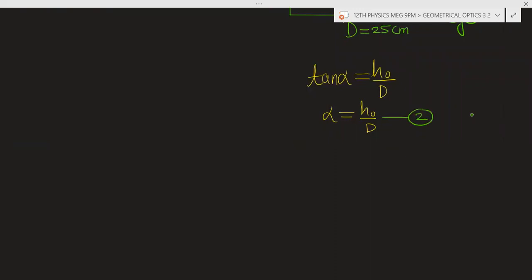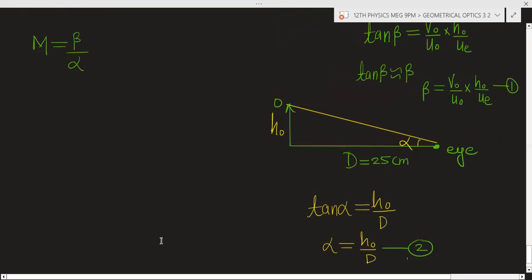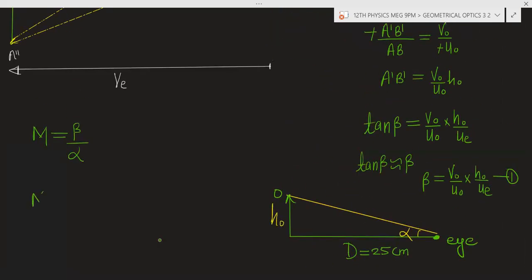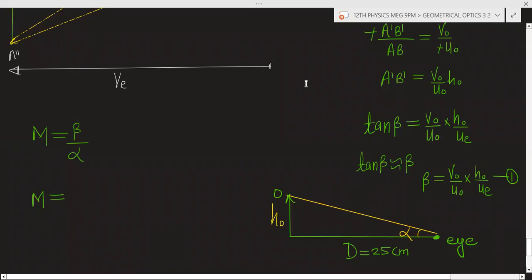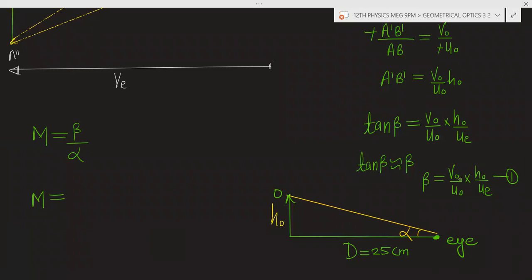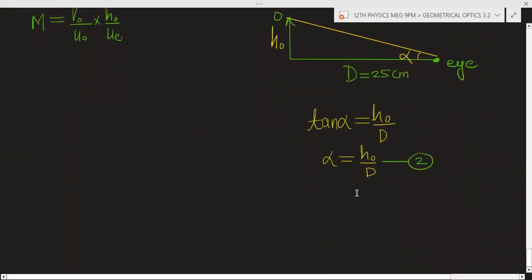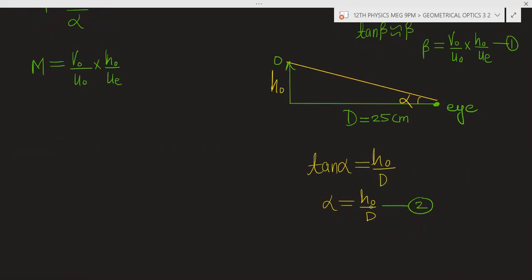Put the value alpha by beta, beta by alpha. So magnification is beta by alpha. What is beta? Beta is V naught by U naught multiplied by height of object divided by UE, and this is divided by H naught by D. This H naught and H naught will be cancelled out.